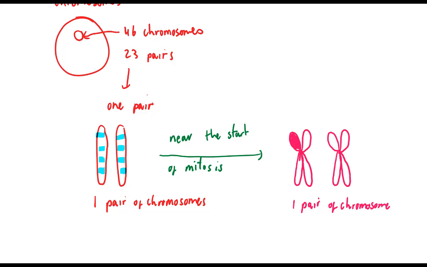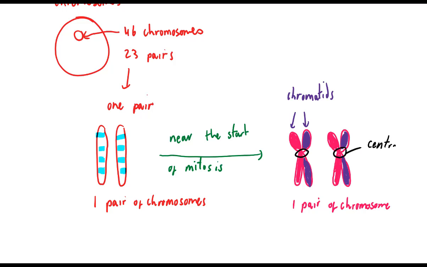So this one contains the pink part, as does this one, but the second strand is this blue part. Now, what we're going to call these parts is chromatids, and those are linked together by a central ring called the centromere.